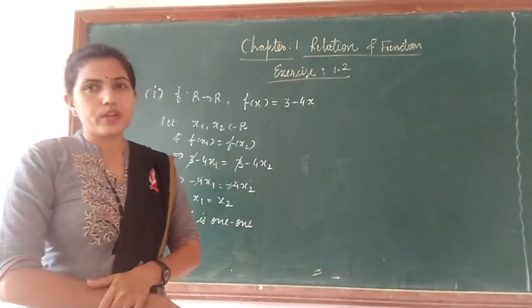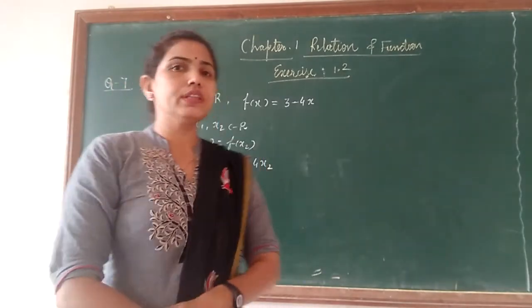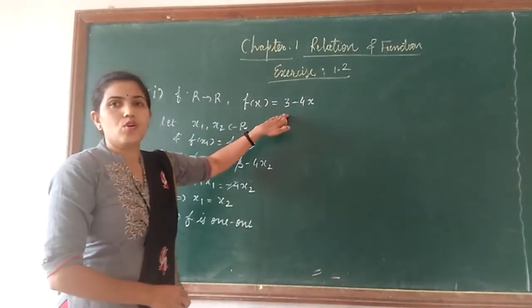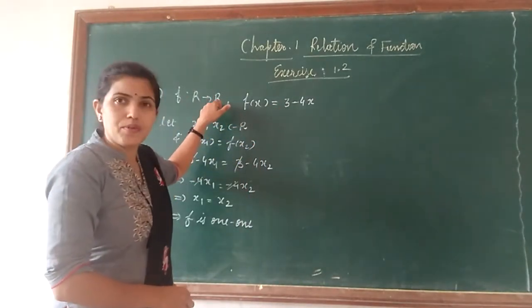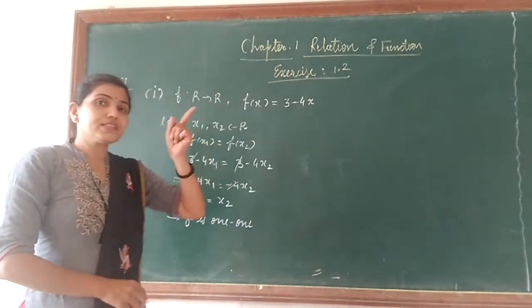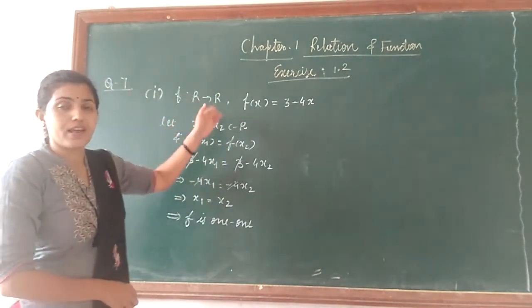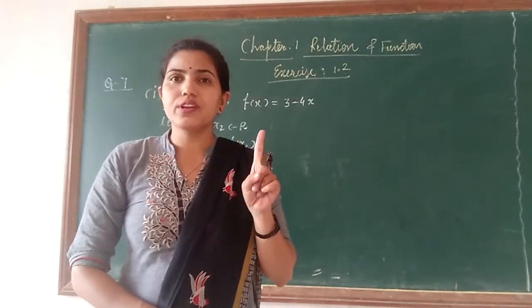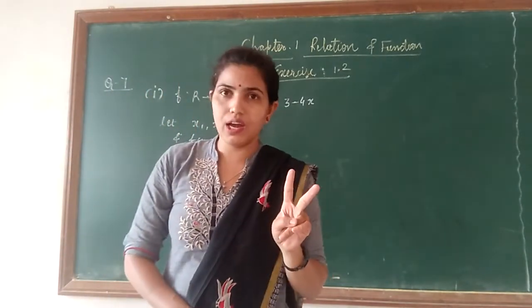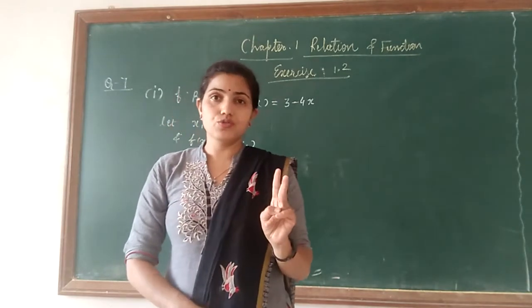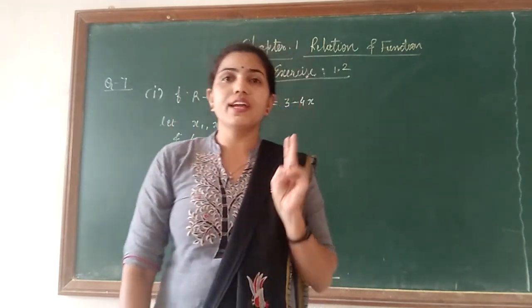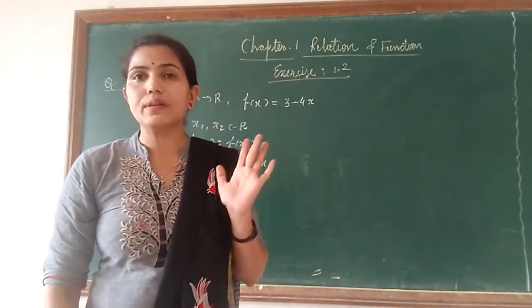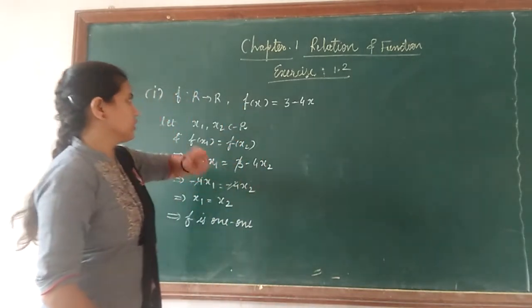Now for the ontoness, what we have to show is that for every y belonging to R, there exists some x in R such that f of x equals y. That is by the definition. And second, the remark we have is that the function is onto if and only if the range of f is the codomain. So you can do these two things.